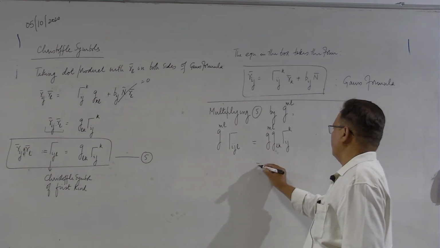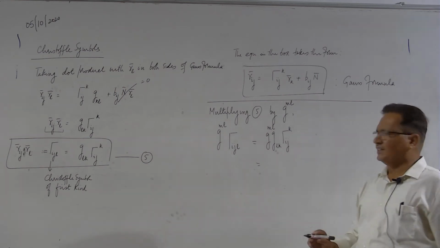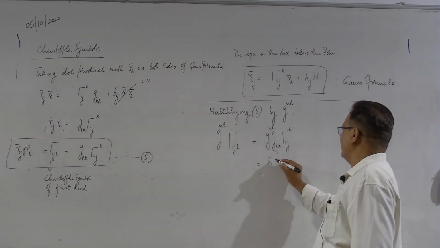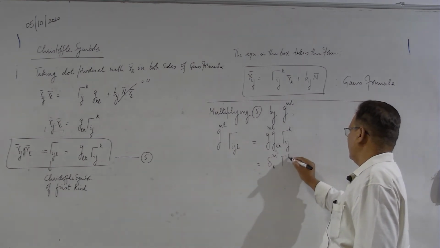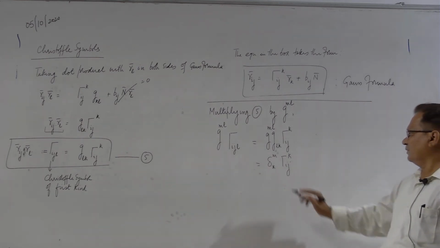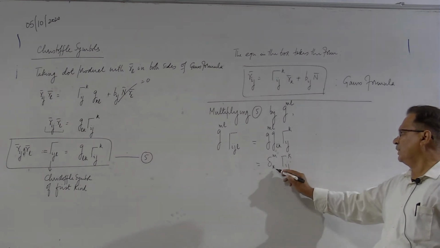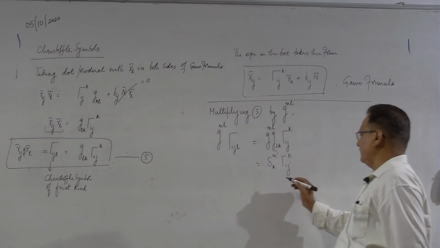Look what will happen in the right side. These two matrices are inverse of each other. l is a dummy index. So, this will become Kronecker delta m_k and this is k_ij. So, k is a dummy index. So, there will be summation over k. When k becomes equal to m, its value will be 1 and the other entries will be 0.